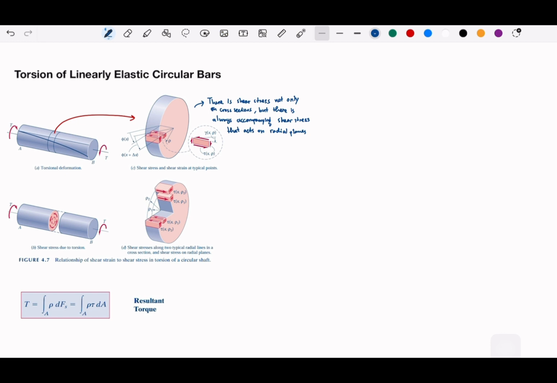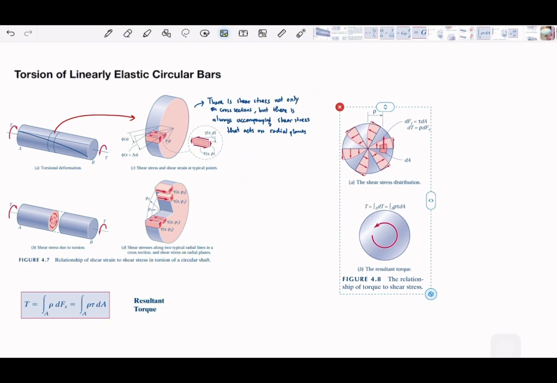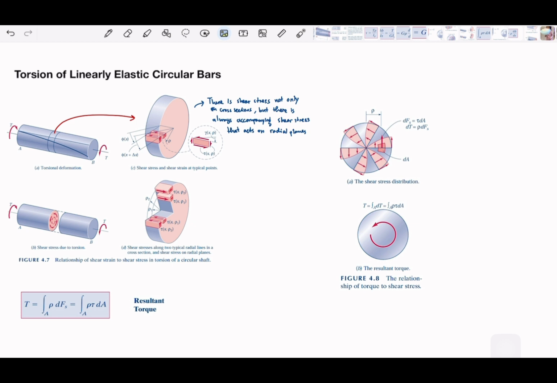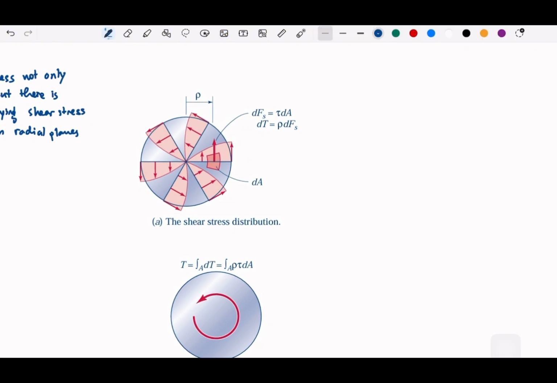Let me add one more figure to help out the description. Here is another description: the relationship between the torque and the shear stress. There will be an increment of force defined by the shear stress.